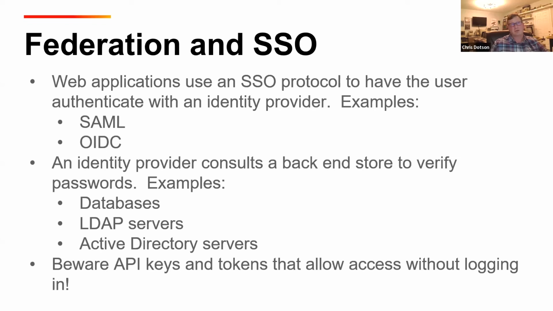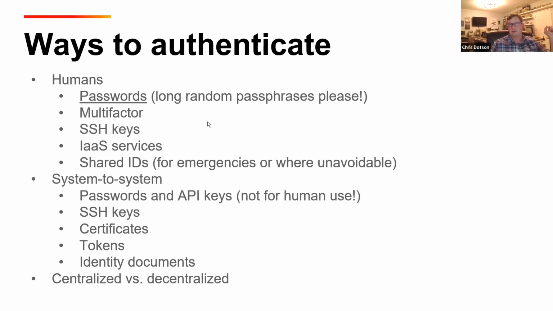If I log into a site with LinkedIn, I'm Chris at Dotson97.org, I actually have a different ID on that system than on LinkedIn, but that system is trusting LinkedIn to authenticate me. And that's the general gist behind federation and single sign-on.